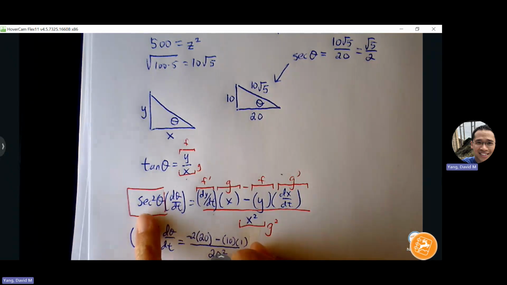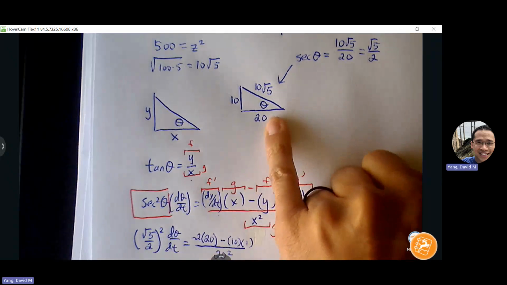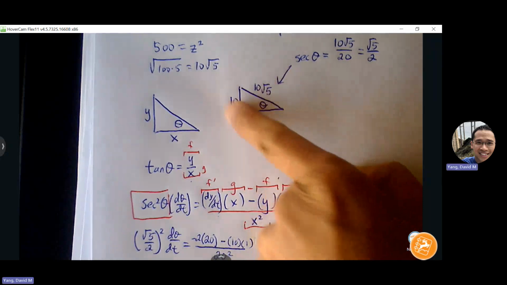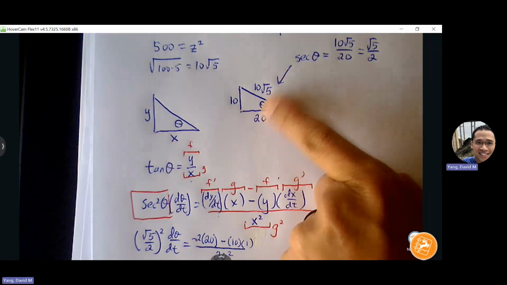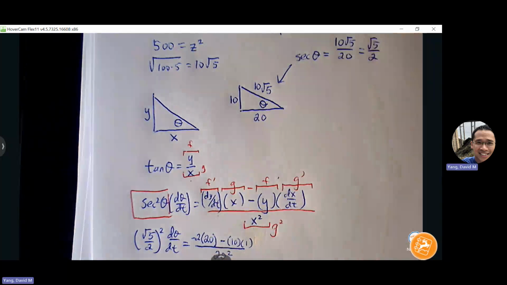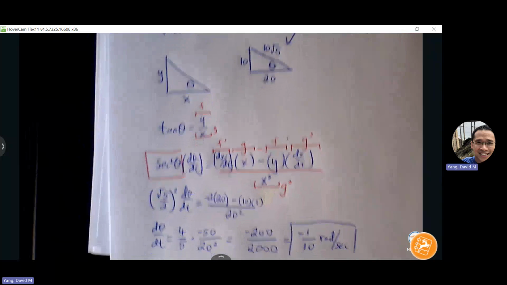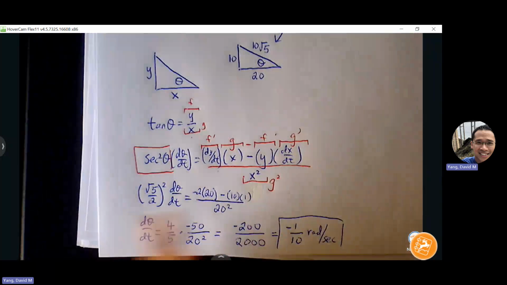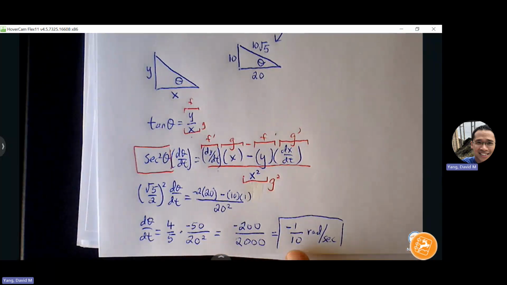So we have to create a second triangle, draw that triangle, fill out all three sides, and then find the ratio. Once you find that ratio, make that substitution, and now you're down to just a bunch of numeric values that you can use your calculator to get it down to an answer. Yes.